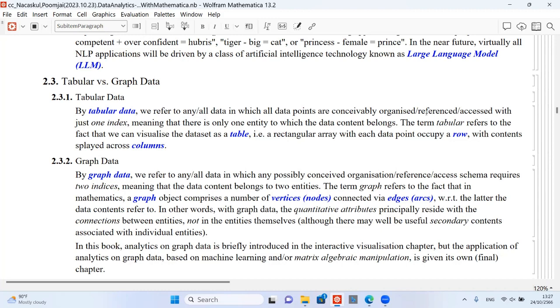Okay, so you have to ask yourself, is there a situation where you have data that never belongs to one entity, so that no matter how you represent the data, you always require two indices because that information belongs to two entities?